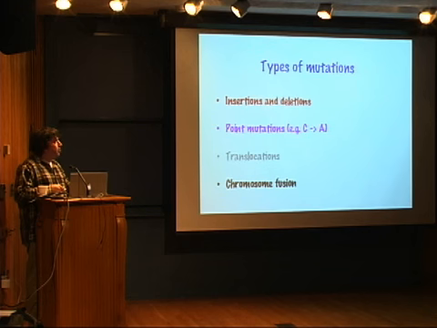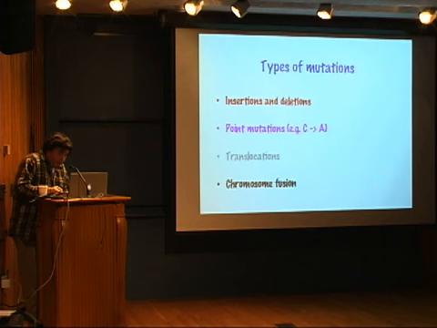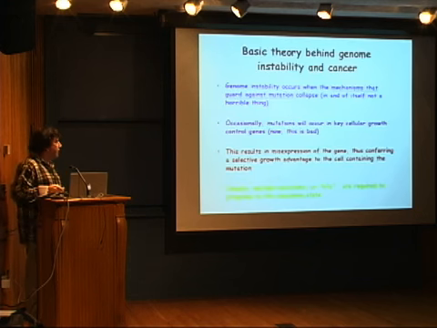You can have simple point mutations, which change the nature of one base, for example, C to A. Translocations are very common in cancer cells. That's where big pieces of chromosomes are moved from one onto another. Related to that are intact chromosome fusions, where whole chromosomes are fused together. Those are the types of mutations that can occur when genomes become unstable.